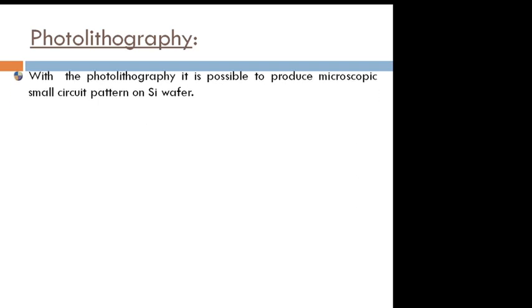With photolithography, it is possible to produce microscopically small circuit patterns on a silicon wafer. It is a very important and major part of the process, where we develop the small circuit on the IC chip, the area reserved for a single IC. Whatever processes you execute for one IC, you will execute for all the ICs on the same wafer.